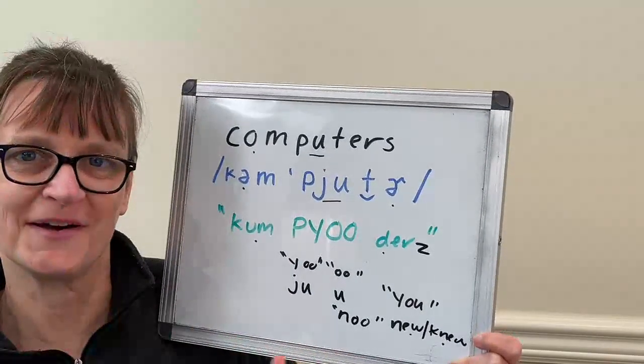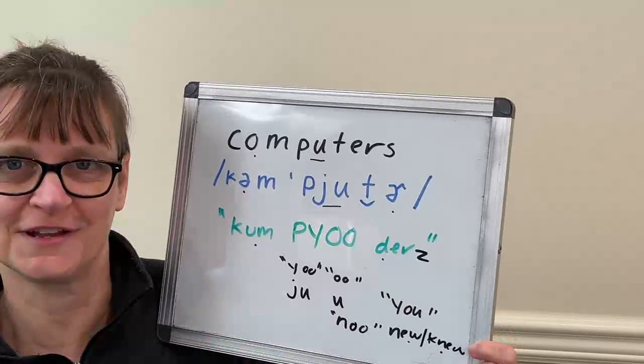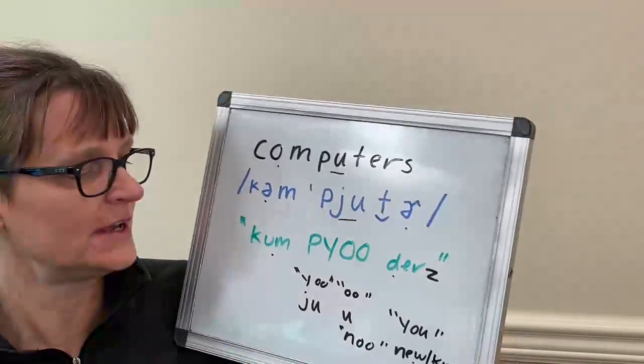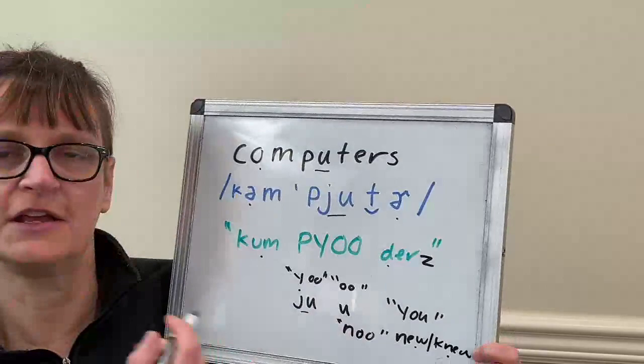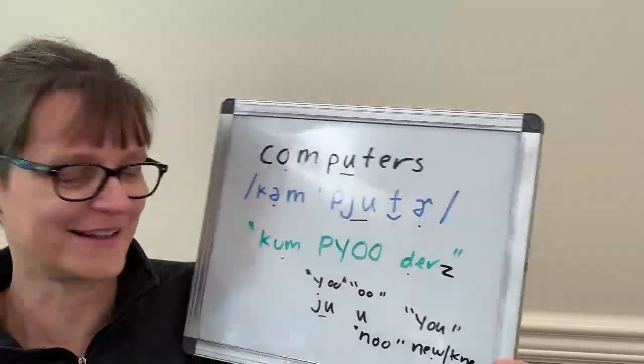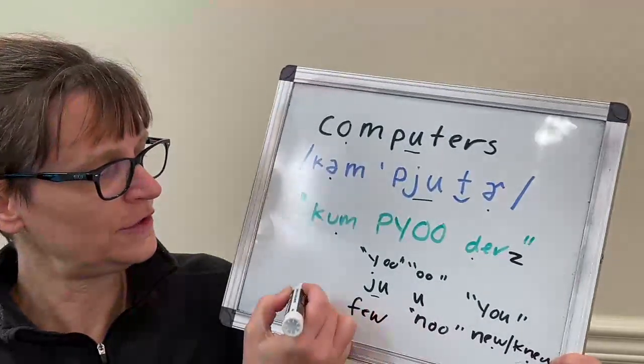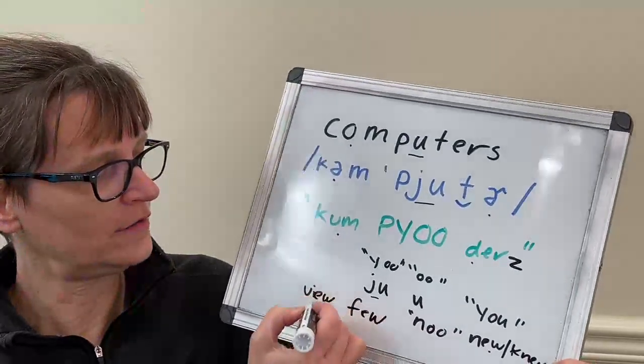You can look at my video for the words new and do and hear how they're different in American English versus British English. But we also do use the gliding y sound in some words in English, for both American English and British English. For example, words like few or view.